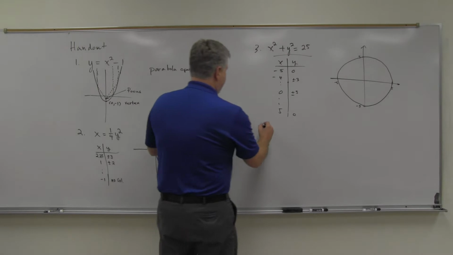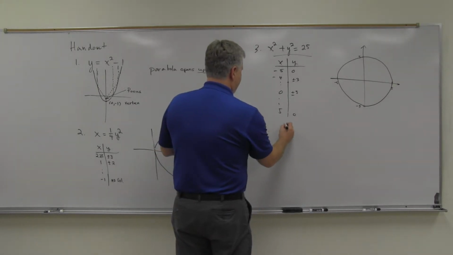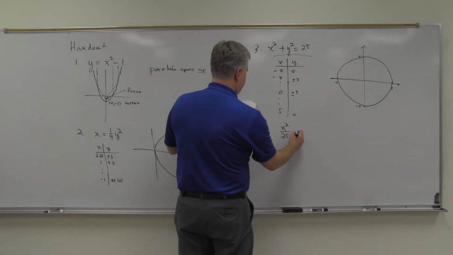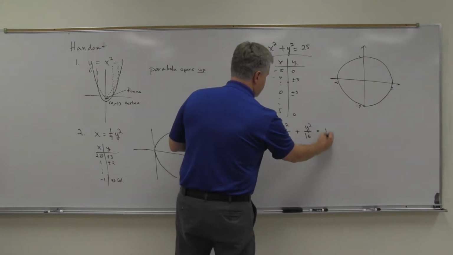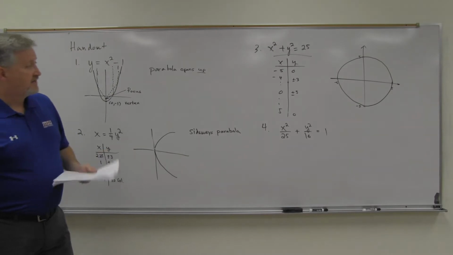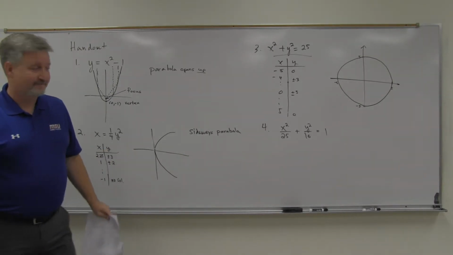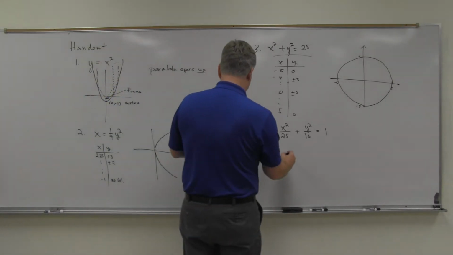Now, the thing about that is, I've got x squared over 25 for number 4, plus y squared over 16 equals 1, okay? So both of those have x squared and y squared.